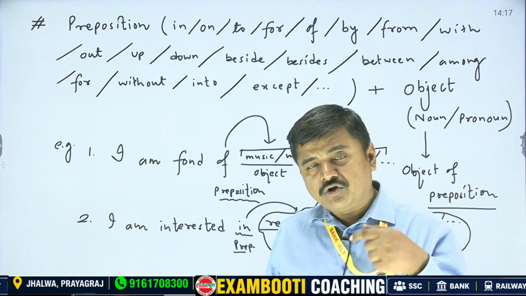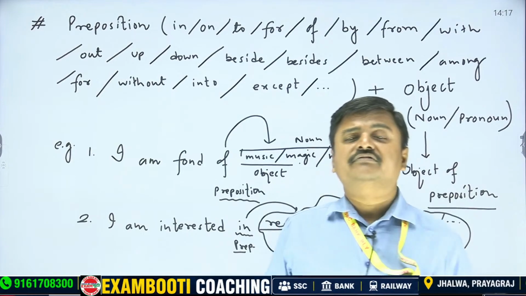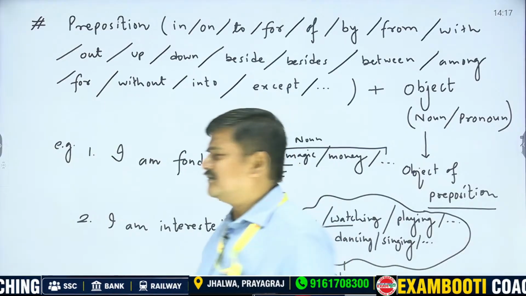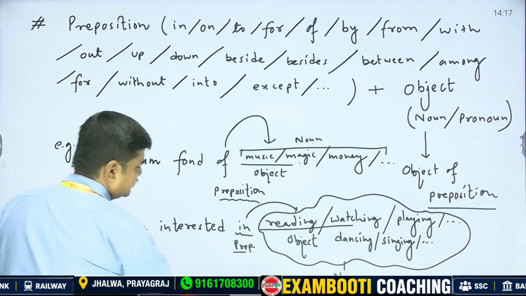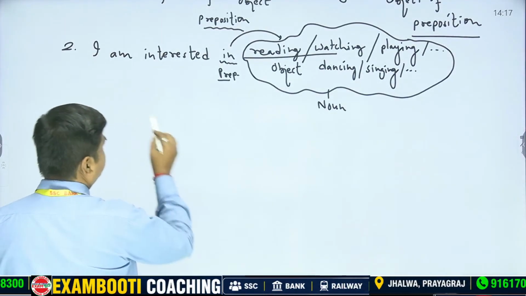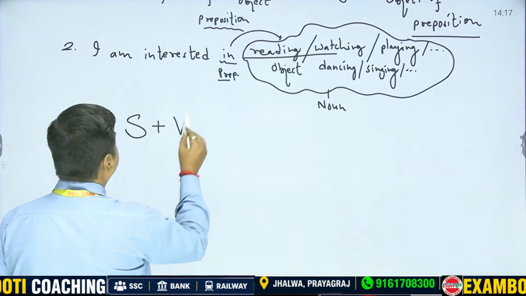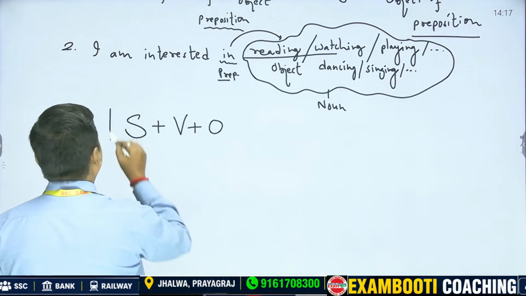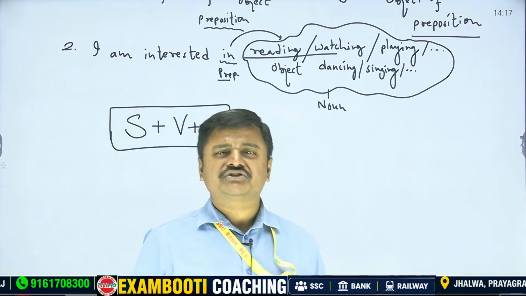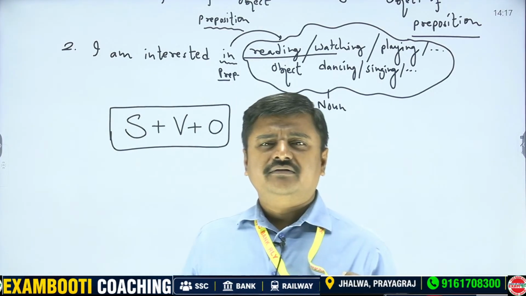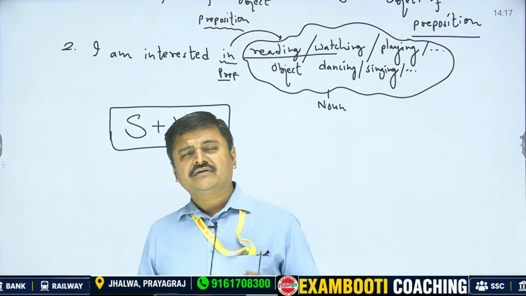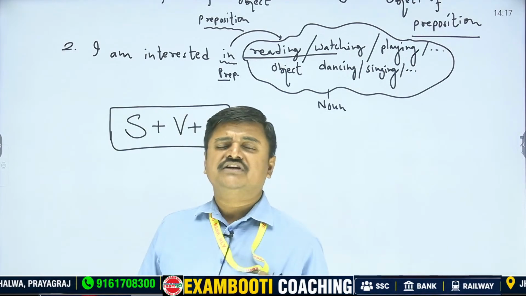And now we move to some very important concepts of a different level. We all know that there is a formula: subject, verb and object. In English, when we start studying, we are told that the structure in English is generally subject, verb, object.